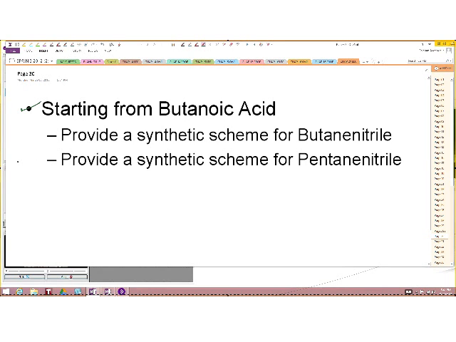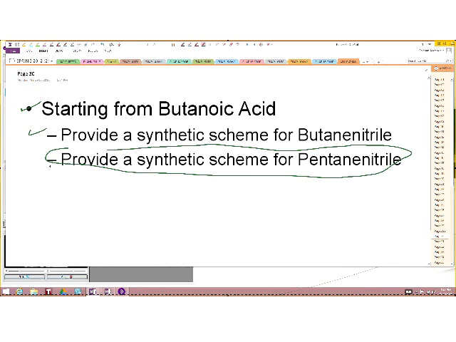Okay, Victoria, can you read this for us? Okay, thank you. What I want you to do, starting from butanoic acid, is provide a synthetic scheme for butanenitrile. I believe we did this before, so this is fairly easy to do. So we are going to only do the first one.